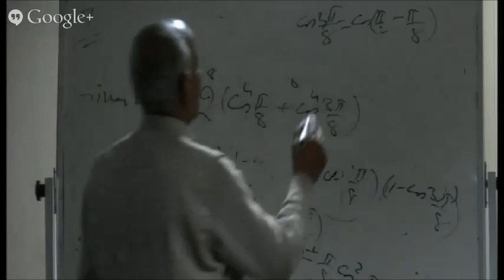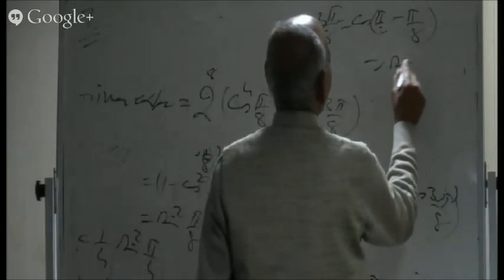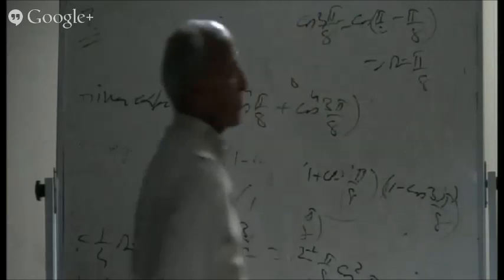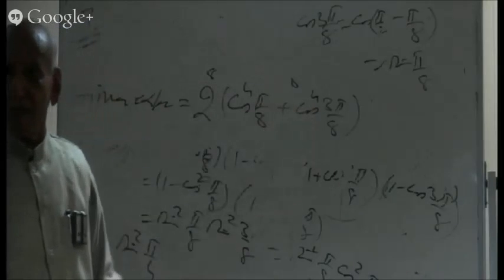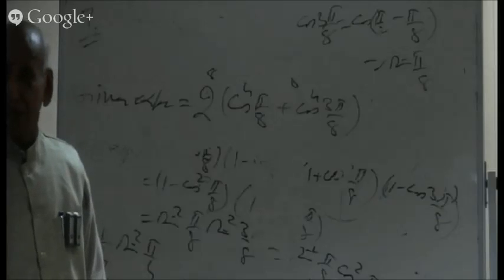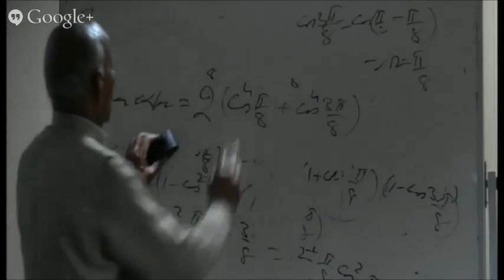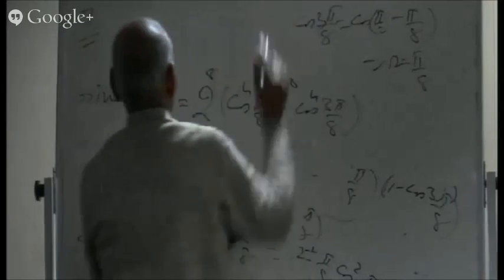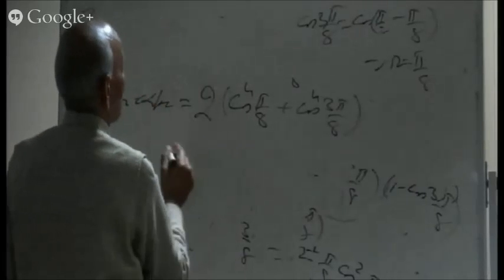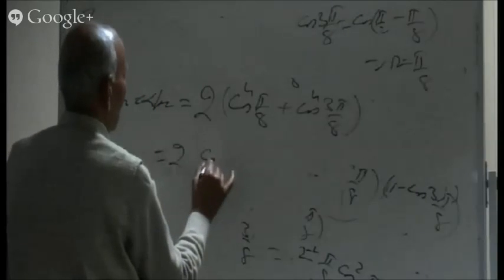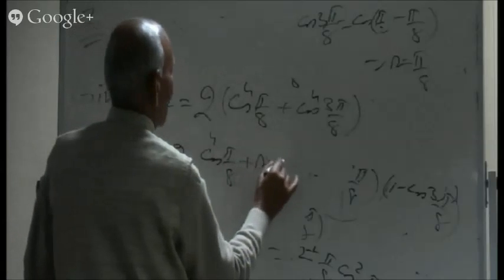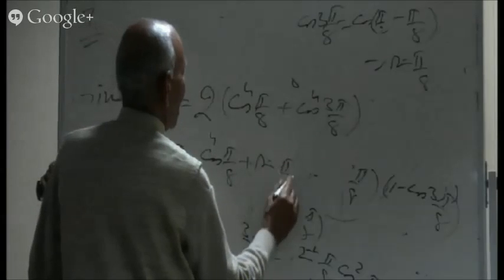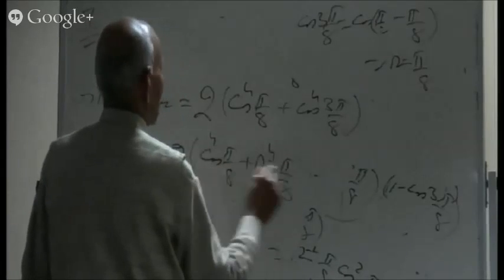Sine of pi by 8. Are we not much more comfortable if we write it as sine of pi by 8? So see what is happening. This gives 2 cos of pi by 8 power 4, and here we are getting sine of pi by 8 power 4.